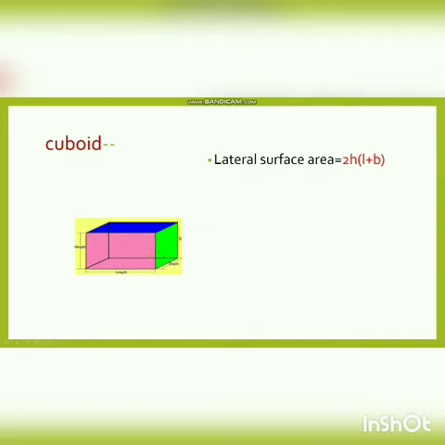So now see the lateral surface area of cuboid. Lateral surface area of cuboid is 2h in bracket l plus b. Second, total surface area. Total surface area of cuboid is equal to 2 into bracket lb plus bh plus hl.